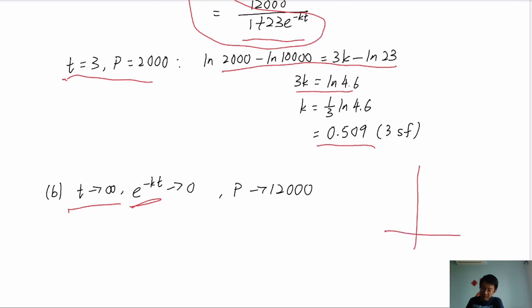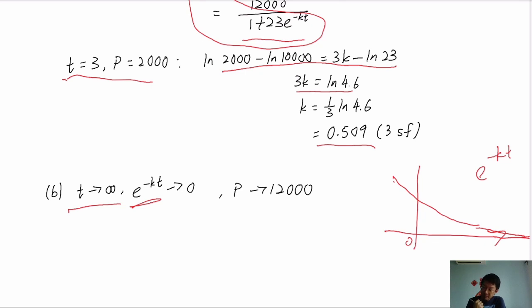Remember the graph for e power kt is like this. When the time goes larger and larger, the value of e power negative kt also goes to 0. It is very close to 0, but it will never reach 0. We say it approaches 0.